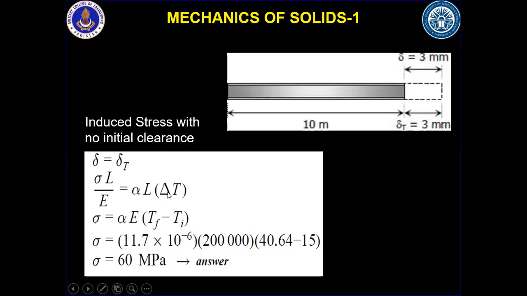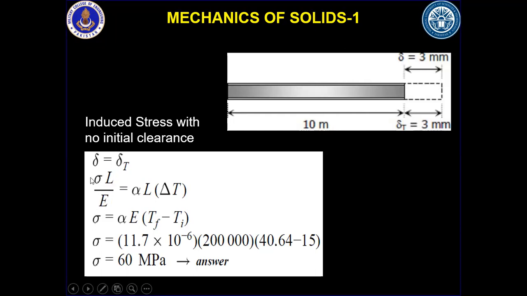Now, the next problem is, what would be this internal stress if there is no gap in between the rails? So for that reason, we would say that the change in length due to load is equal to the change in length because of temperature. Now change in length is equal to PL over AE.